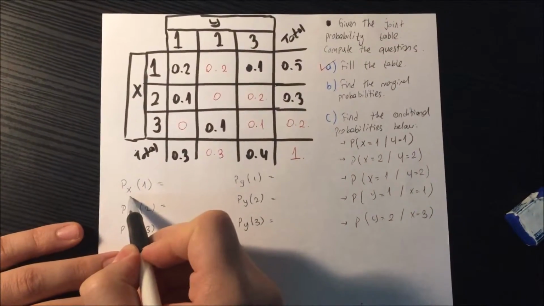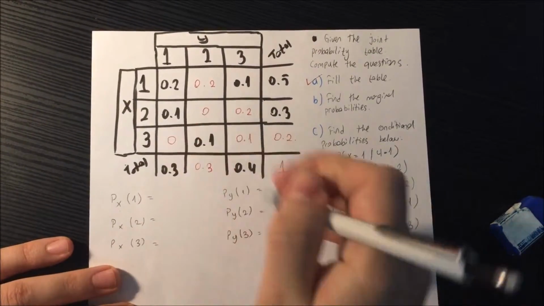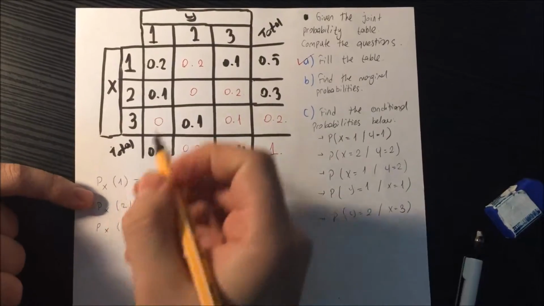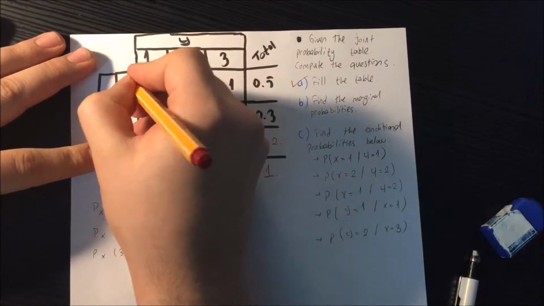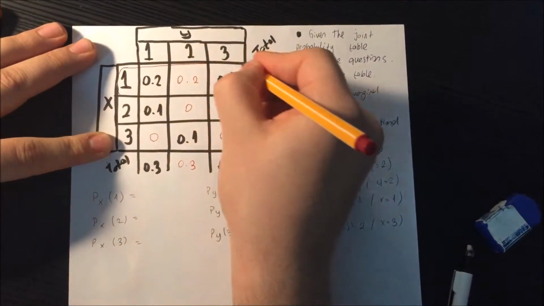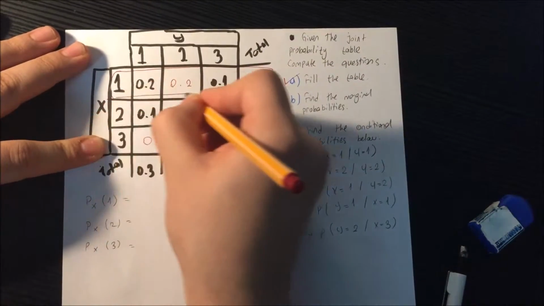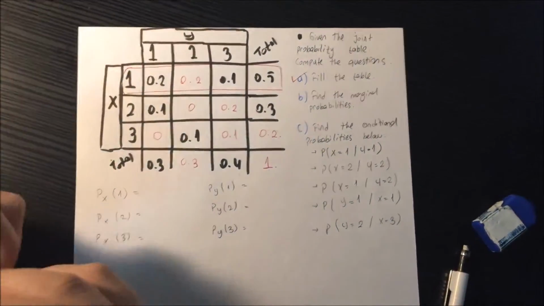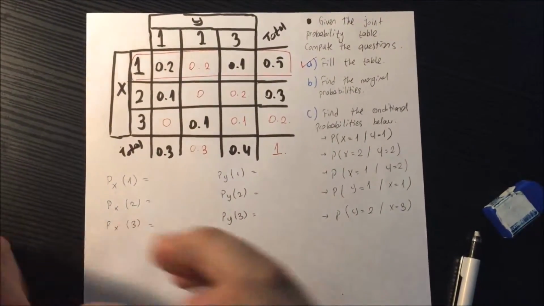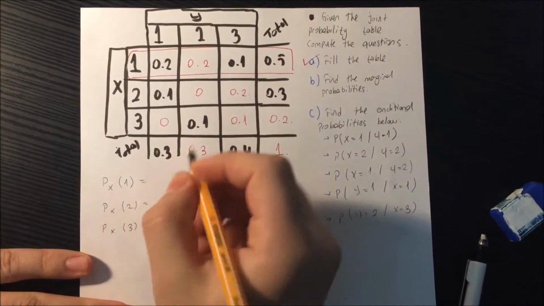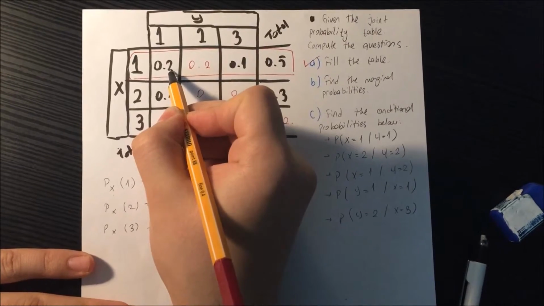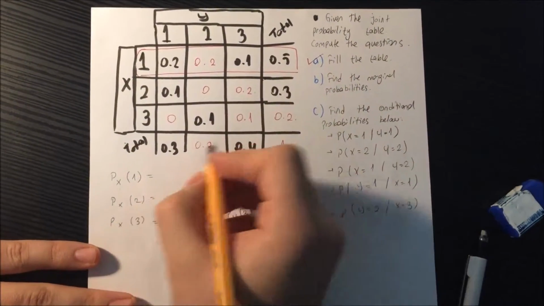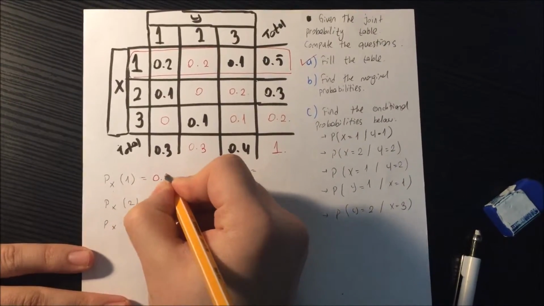Okay, it means that when you look at the table, x is 1, so it's actually asking for this row, and our answer will be 0.2 plus 0.2 plus 0.1, so 0.5.